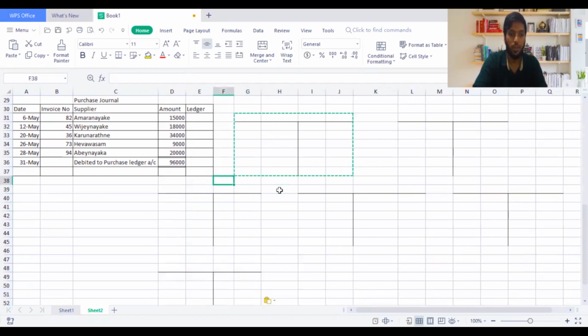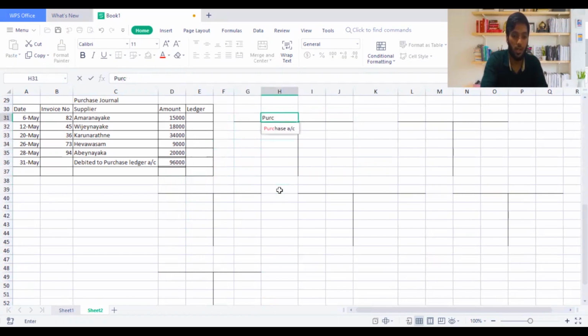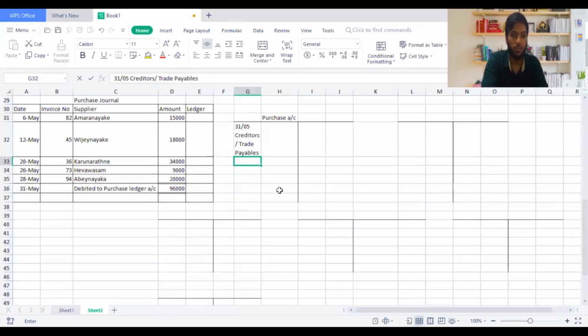I'm going to start with the purchase account first of all. So record purchases account. After recording the purchases account, what is the amount you will write? Here you will write 31st, 5th, creditors, or you can also write trade payables. The entire value, so here you will record 96,000.